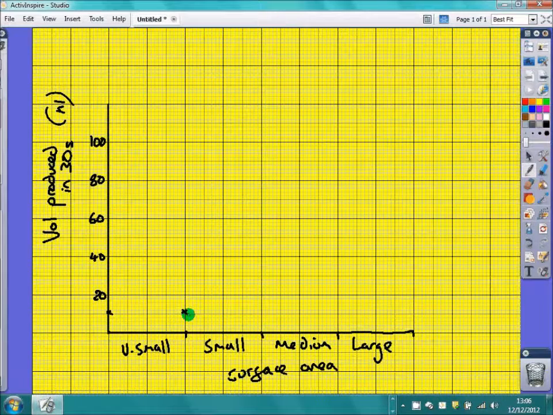We then have a look at our small one, which produced 19 mil. We then have a look at our medium, which produced 44 mil. And then large, which produced 83. We draw our bar chart.